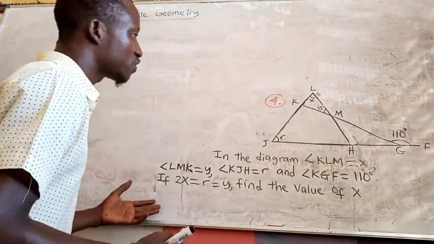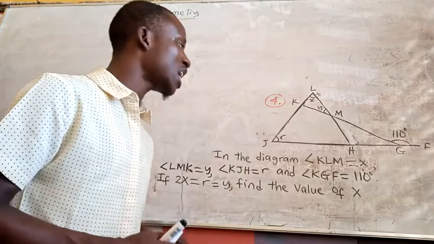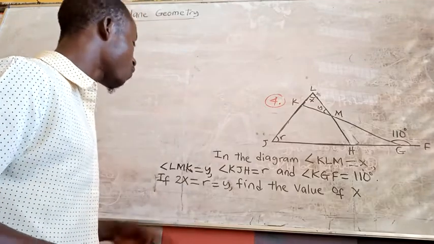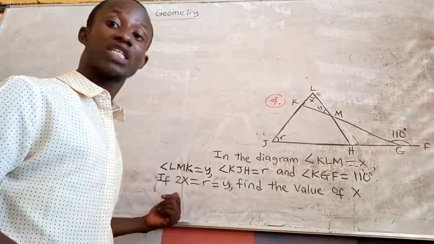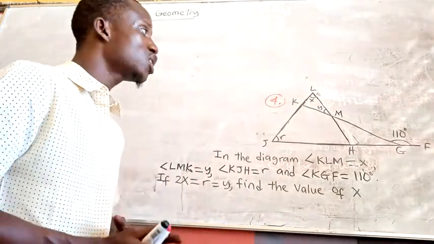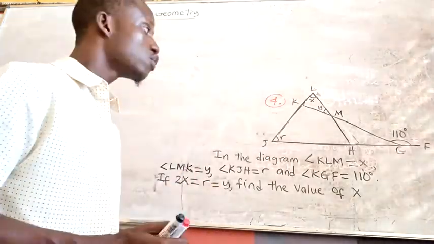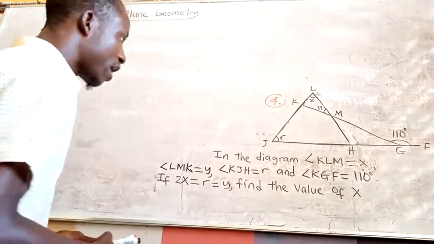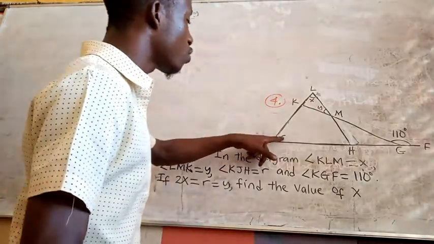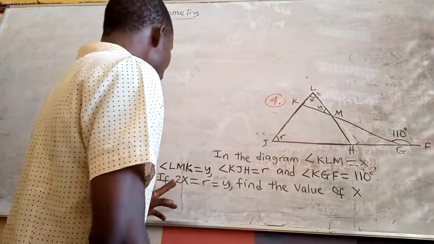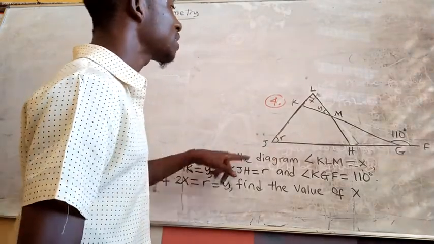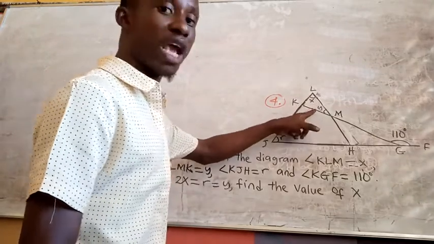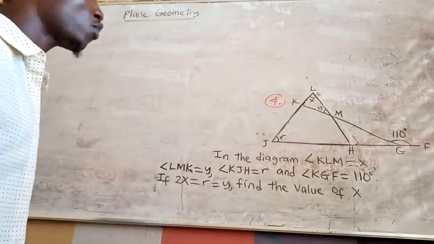It is advisable that we replace r and y by 2x to make life extremely easier for ourselves. So when we see r, it will be replaced by 2x, and y will also be replaced by 2x.